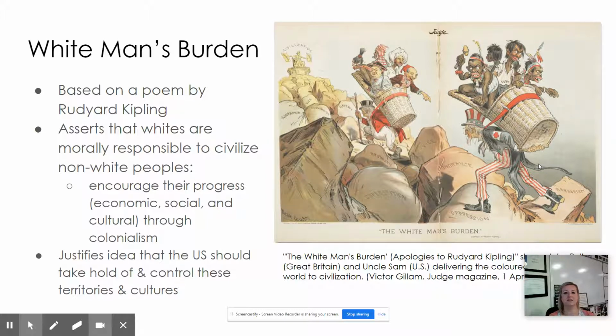This is the philosophy involved in why the United States should go from coast to coast, as we think of manifest destiny, and why the United States should consider expanding into other areas because it is a responsibility to do so, to encourage progress and to share value systems.